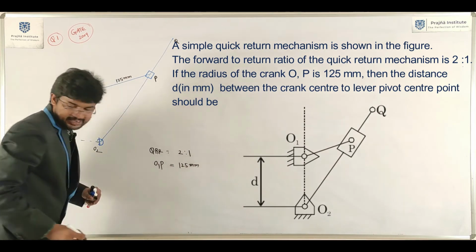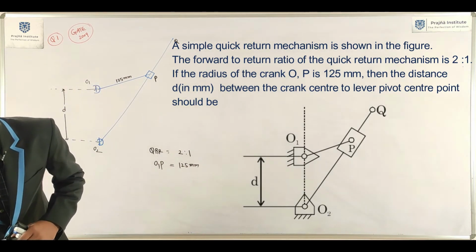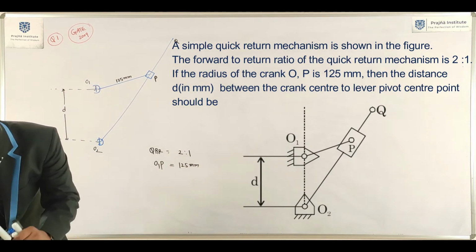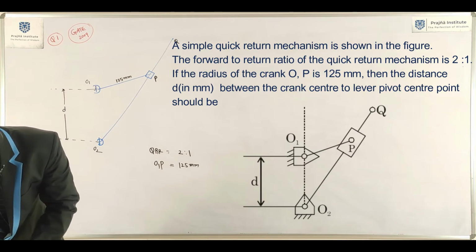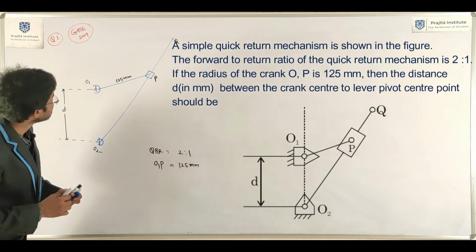Finally, what are they asking? The distance D between the crank center and the lever pivot center.